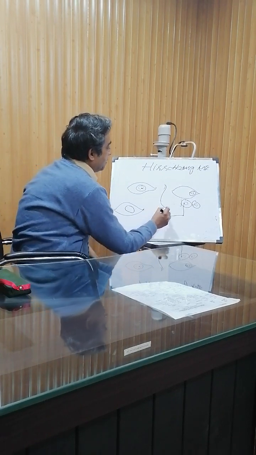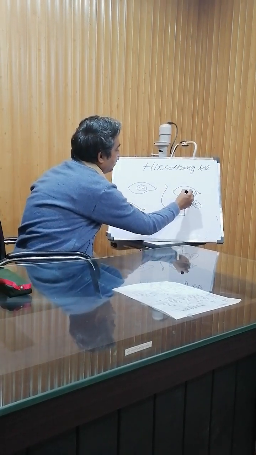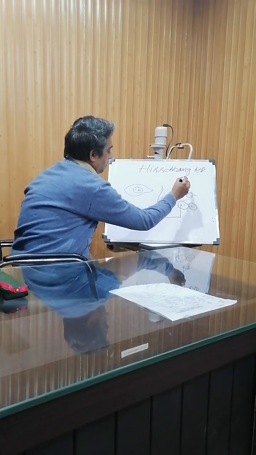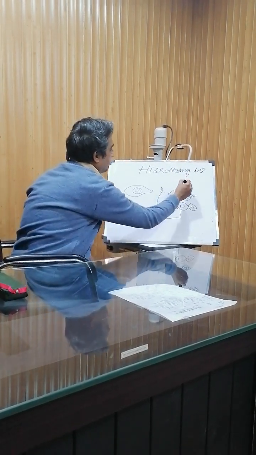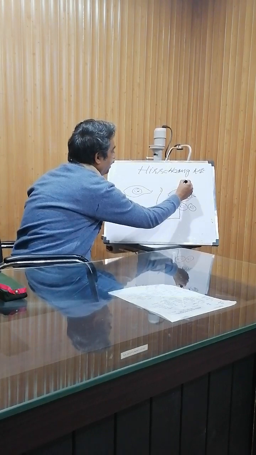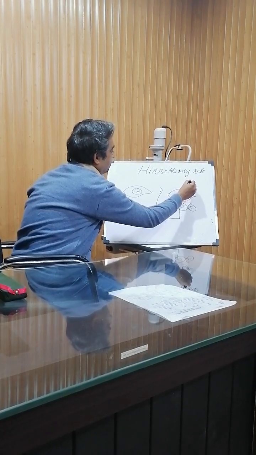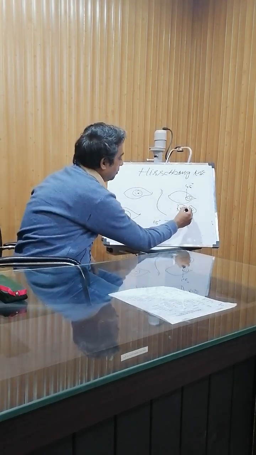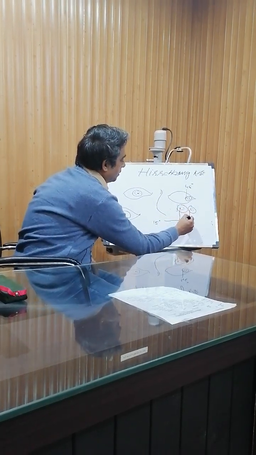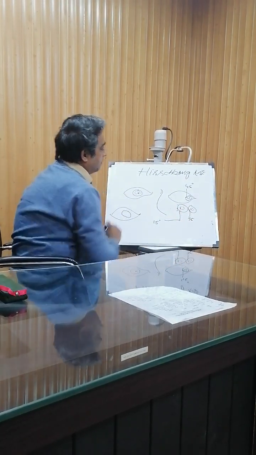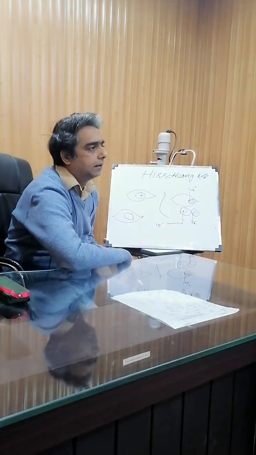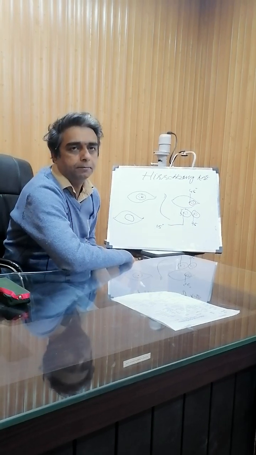You should remember this. If the deviation is at the limbus, it will be almost 45 degrees, okay, and in between the two it is 35 degrees. These three things are the figures which you should remember.